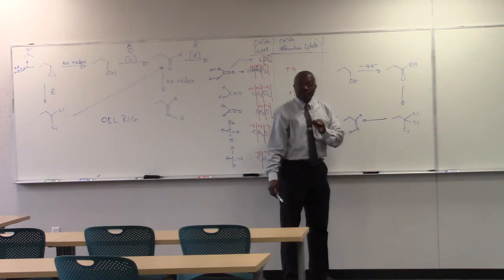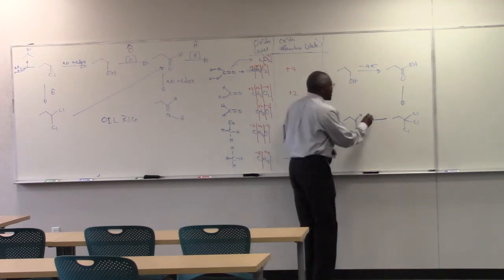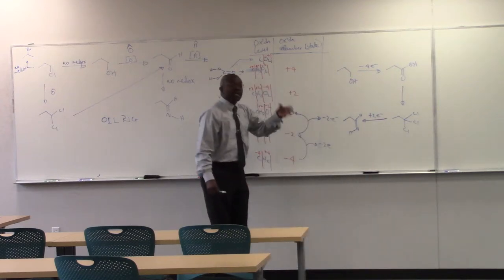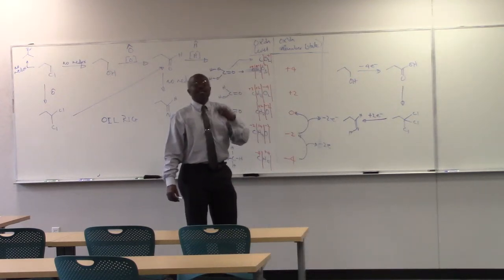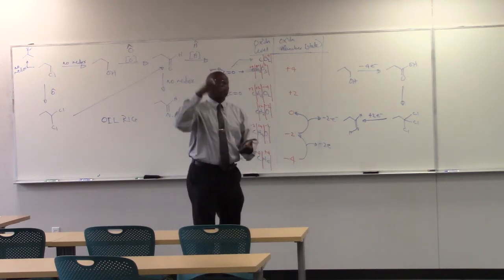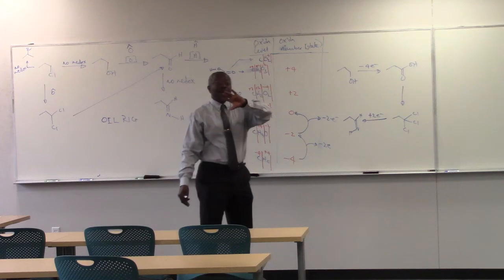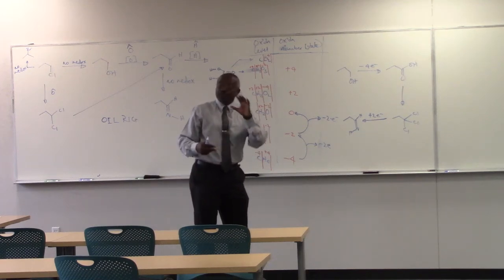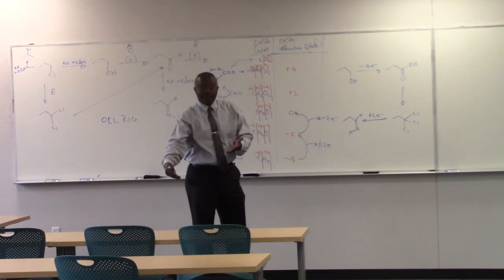That is reduction. To what extent? It is a 2 electron reduction, because every time we move between adjacent oxidation levels, it's a 2 electron process. If I gain a bond to a heteroatom, that's 2 electrons I've lost. If I have lost a bond to a heteroatom, that means I've got reduced, that's a 2 electron gain.